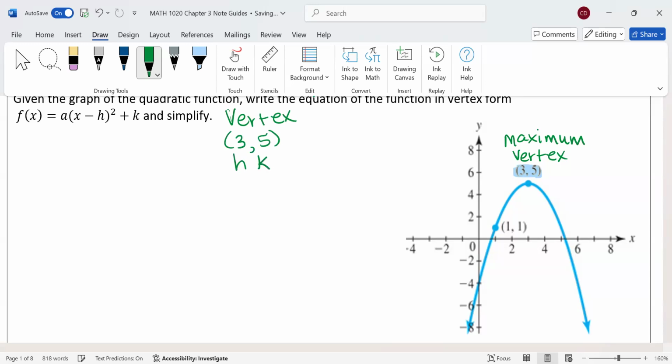That's h and k. Then they give us another point, just a random point on the graph. And again, that's just an XY ordered pair. We're going to use that to find A. f of x is just another way to write y.